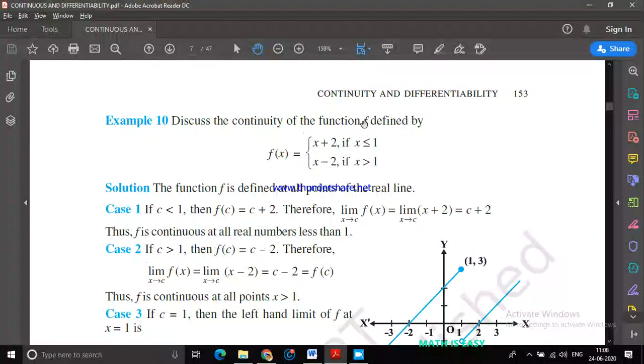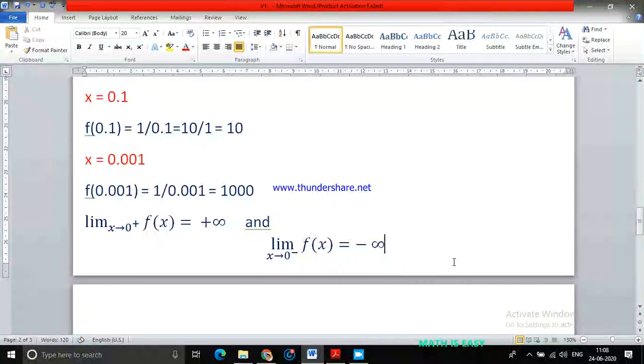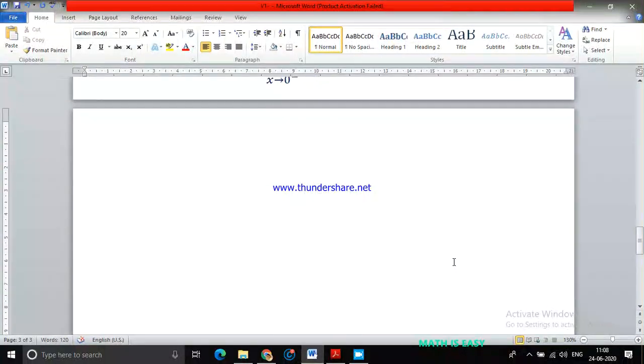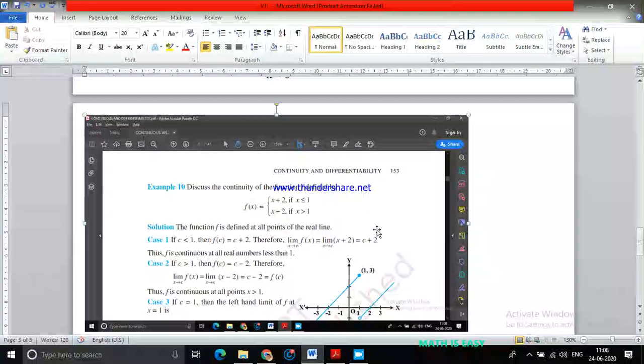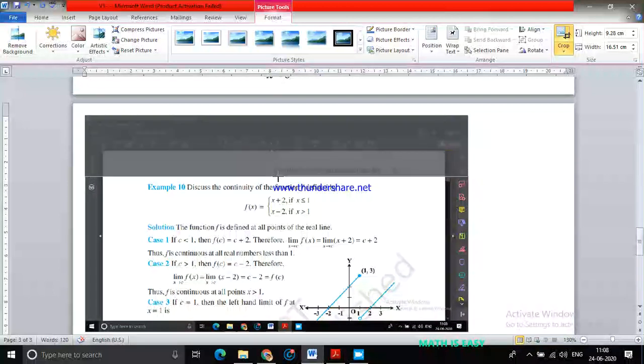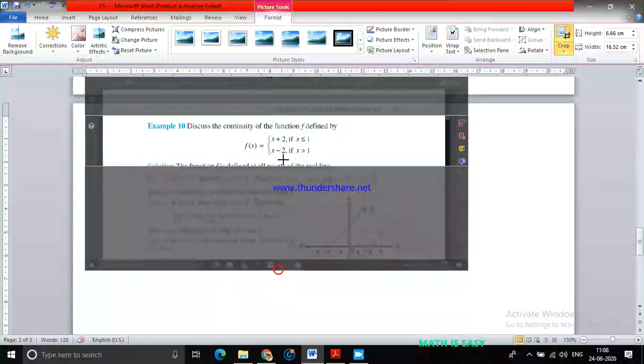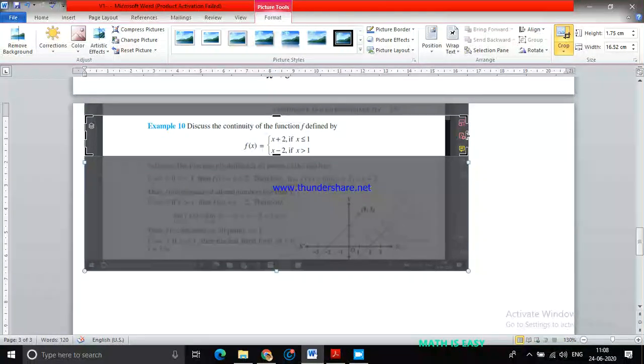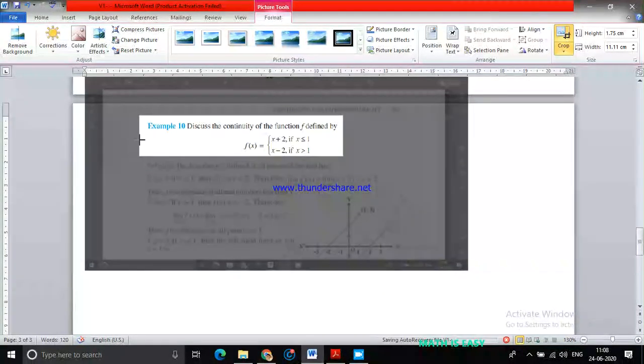Now here you have the things to discuss the continuity of the function. Let me solve this example. I am following the inside example question, so that exercise maybe we'll discuss in the next class.